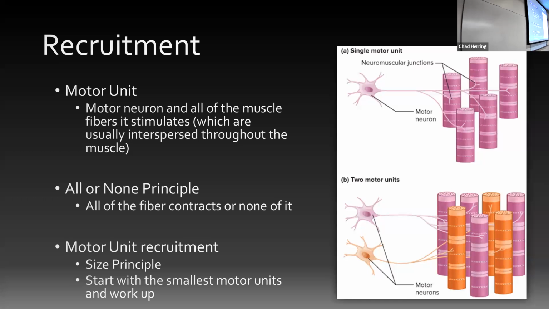If they're signaled to relax, obviously relax. But a motor unit is a neuron and all the muscle fibers it innervates. Here you can see there's two different motor units. You can have a motor unit that controls very few muscle fibers, or one that controls a bunch.